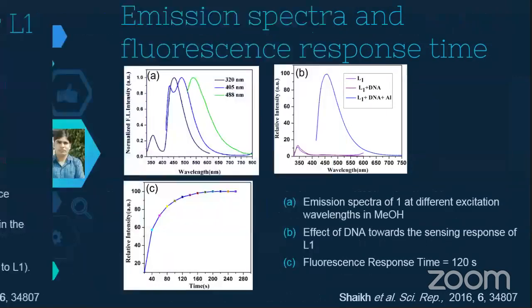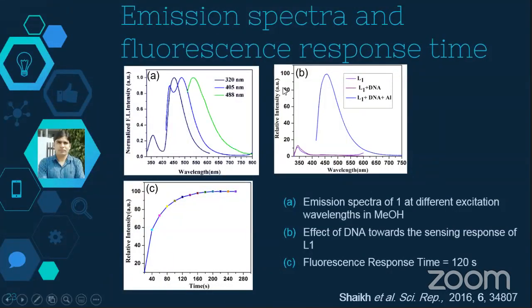Then we also thought to see the emission spectra and fluorescence response time, that is, the lifetime of this particular sensor. When I say lifetime, it's like the response time, the maximum time we can wait for. So in A, you can see it is also tunable at different wavelengths with different color combinations, with a shift from blue to green region.